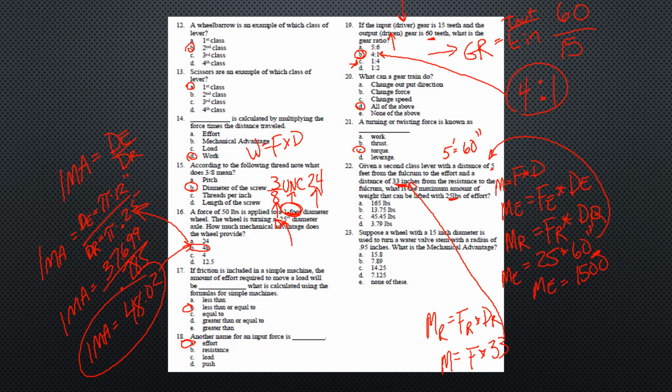So this has to become F33 is going to be equal to 1,500.